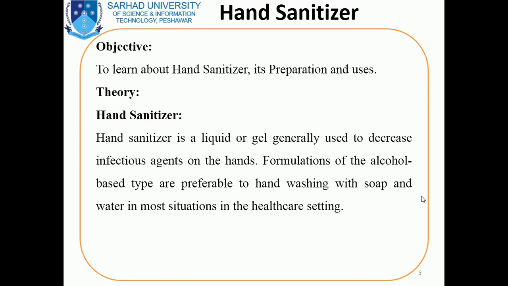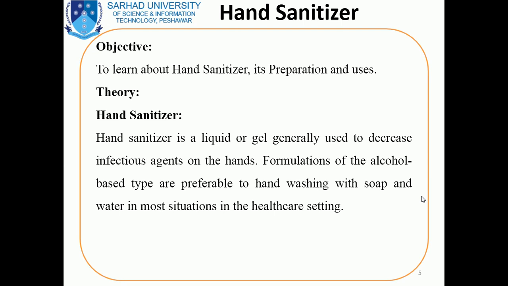There are different formulations, but WHO, that is the World Health Organization, recommended two formulations. One is alcohol based formulation and the second one is isopropyl alcohol, that is rubbing alcohol formulation.